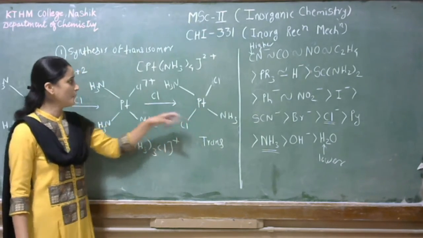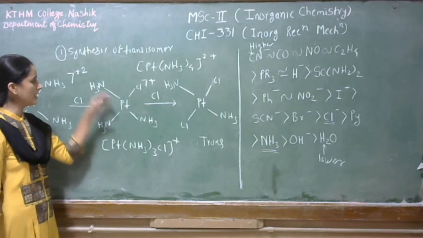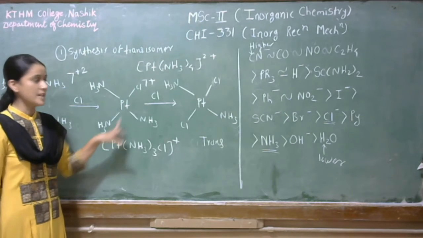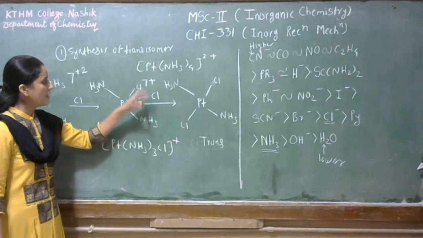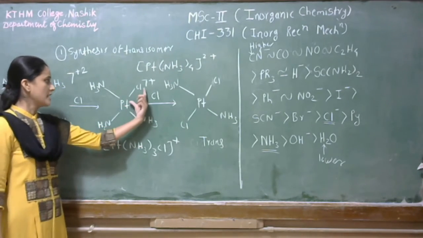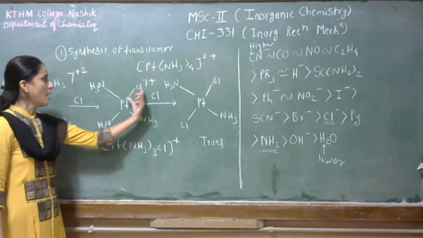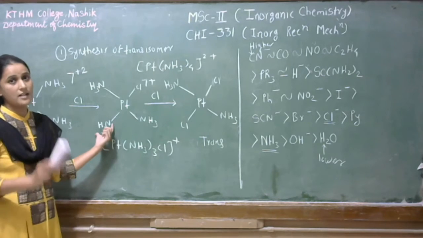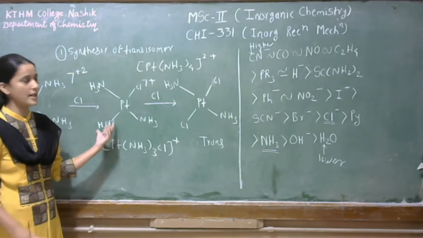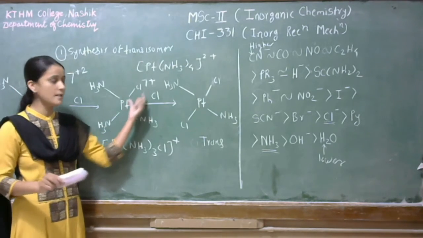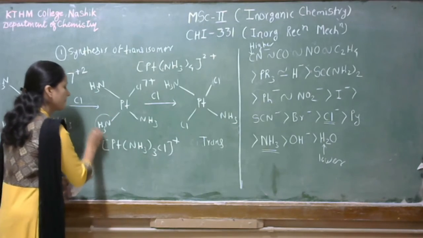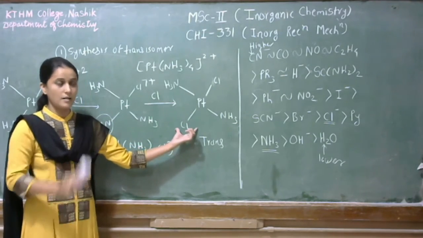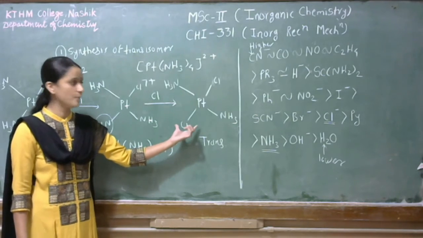Why is this so? Because in the second step, one of the NH3 gets replaced by chlorine, and see its trans position: opposite to Cl, NH3 is there. Obviously NH3 has less trans directing effect, so Cl can easily replace this NH3 and the next Cl acquires that position.